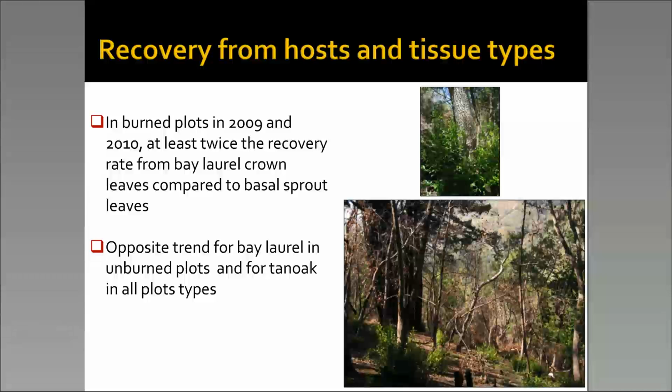Post-fire, when we go into these burn plots, we were able to recover Phytophthora ramorum from crown leaves on bay trees that had probably lived through the fire, but we were very infrequently able to detect it from this new growth sprouting from the base of the trees. However, with tan oaks, we most frequently detected the pathogen from the sprouts that had grown since the fire, but we weren't able to detect it very frequently from those twigs in the trees that had happened to live through the fire.